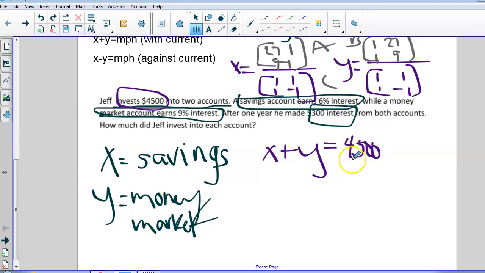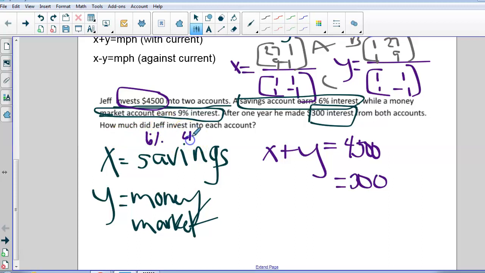Okay. The other information I'm given is that we have interest. So on those amounts, $300 is earned in interest. In order to figure out where that interest came from, we have to multiply the interest rates by the savings account and the money market. The savings account has a 6% interest rate. We have to change that to a decimal.